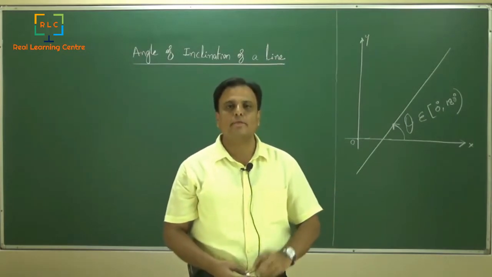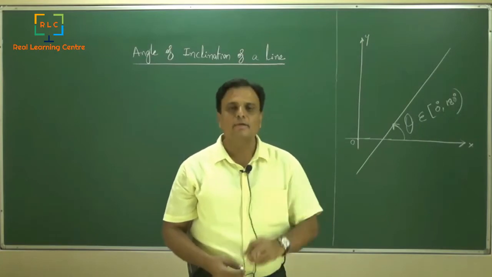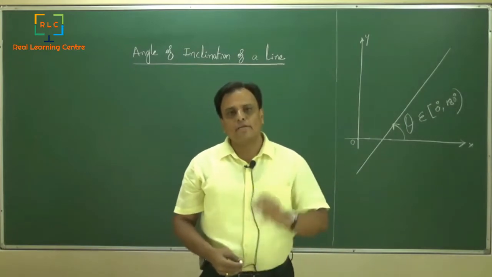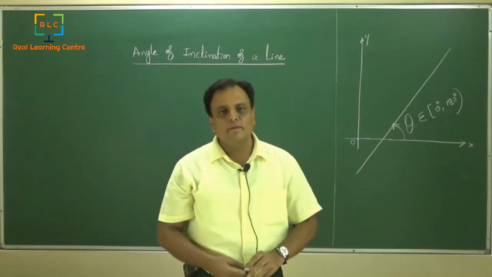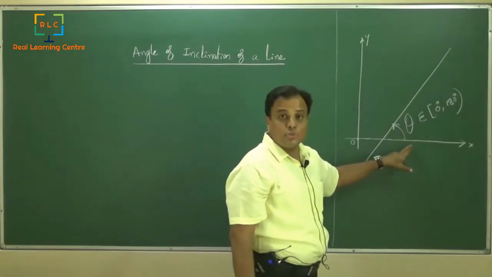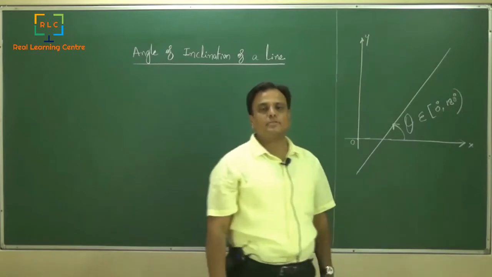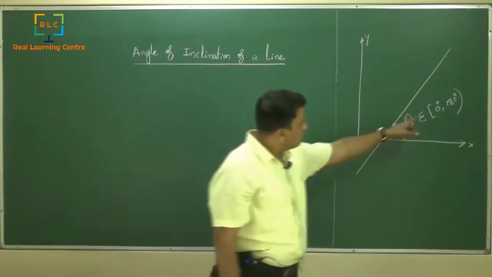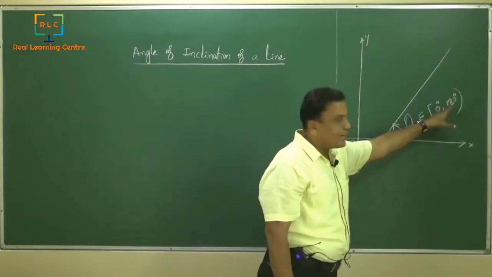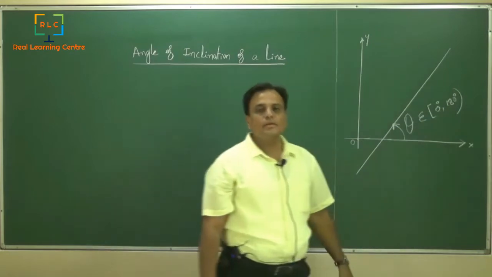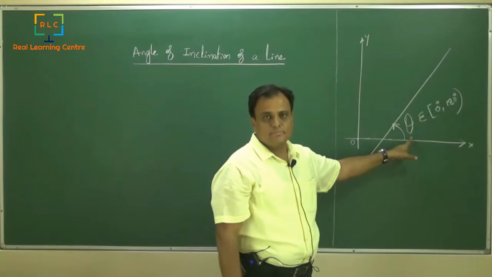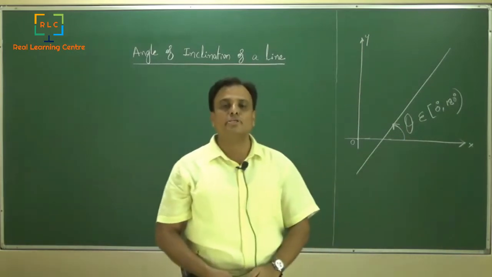I repeat this angle of inclination once again. If a line makes an angle theta with the positive x-axis measured in positive direction, and lies in the interval 0 to 180 degrees, where 0 is included and 180 is not included, then theta is called angle of inclination of the line, or simply inclination of the line.